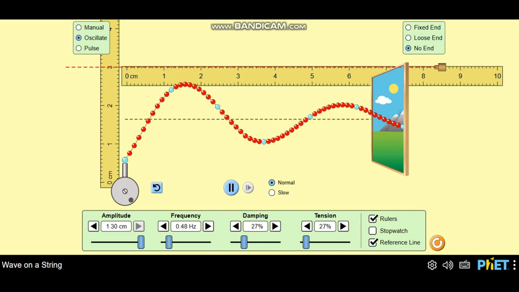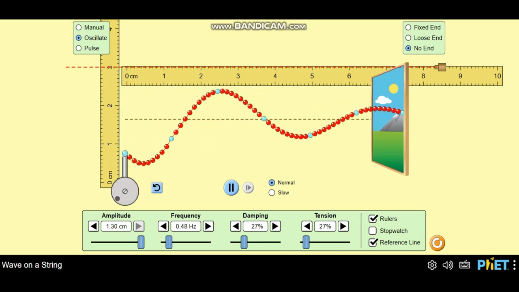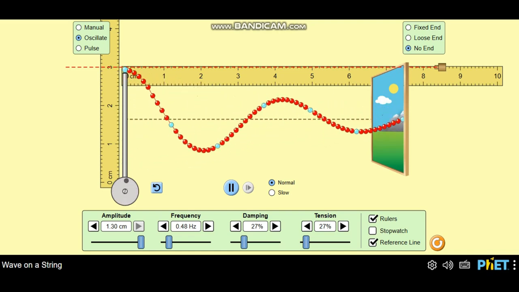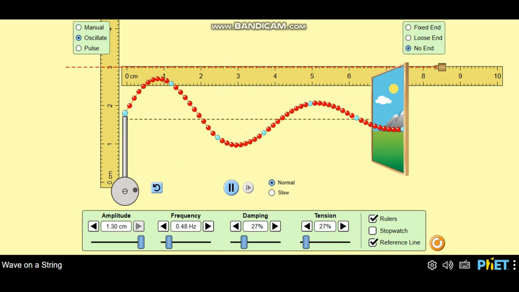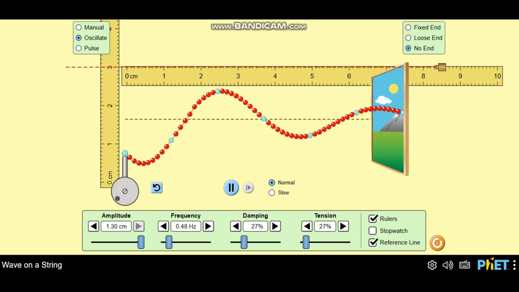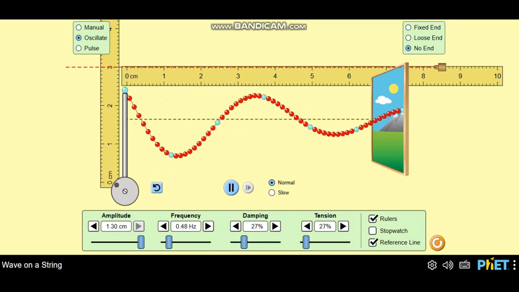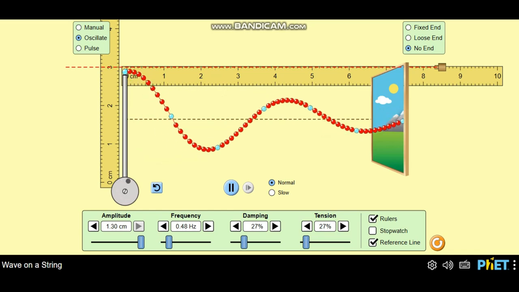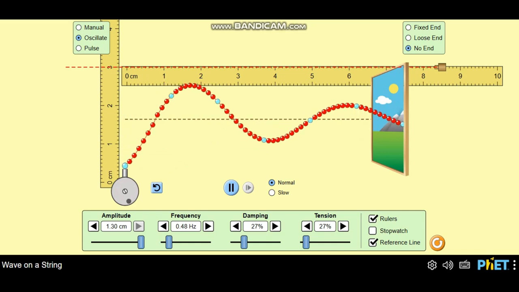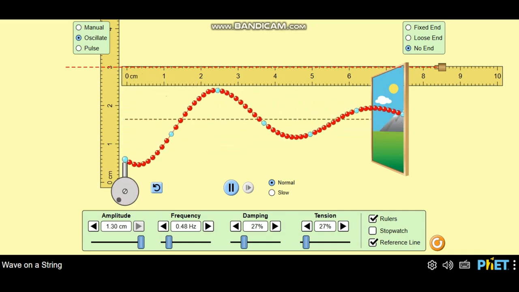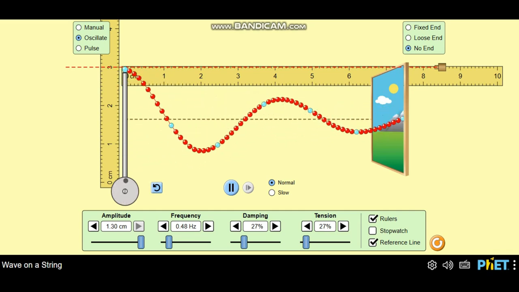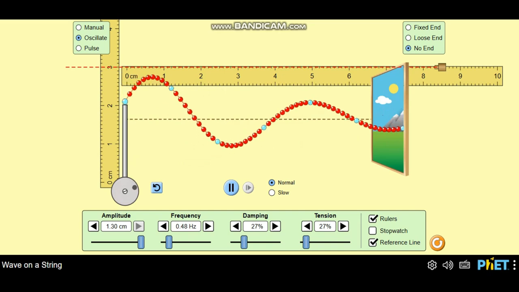The low frequency follows along with wavelength, while moderate damping causes occasional energy loss along the string. The measured wavelength and frequency allow calculation of wave speed, confirming the relationship between wavelength, frequency and wave speed. That's all.